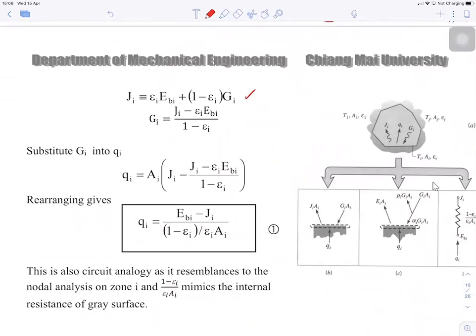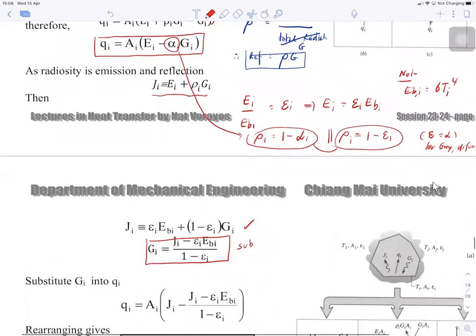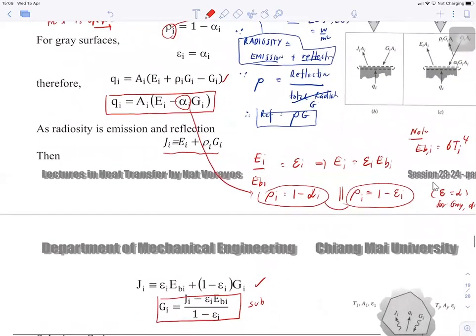Rewrite this equation, you're going to get radiation is equal to radiosity minus epsilon I EBI, over 1 minus epsilon I. So you got the expression for G. So you substitute this G into QI at the beginning.